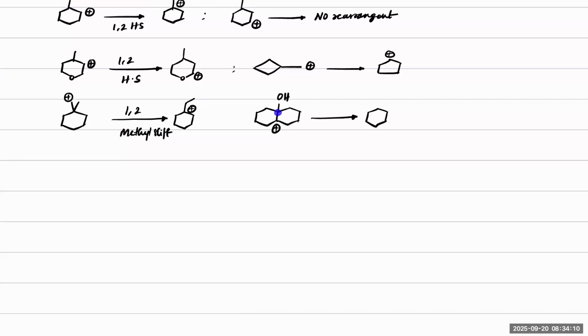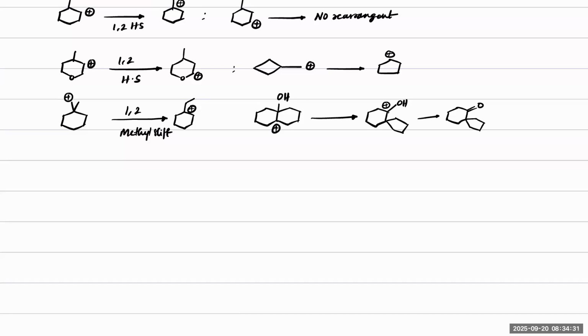For that, ring compression is expected, like this, with oxygen OH plus, which will eventually convert into keto form, like this. Clear on this part?